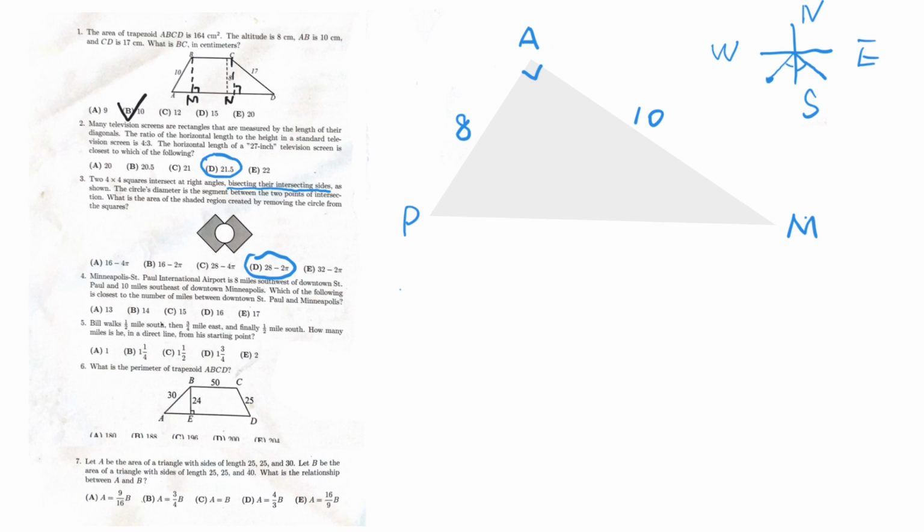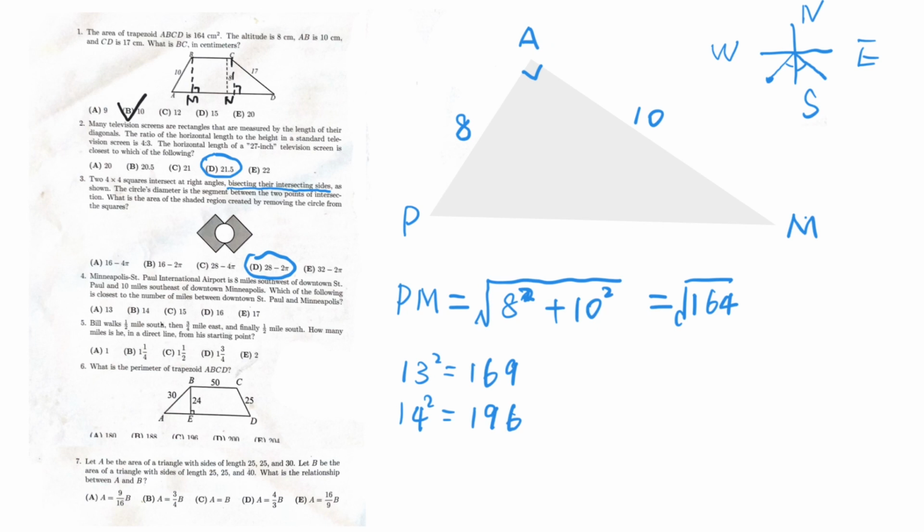We know AMC test, calculator not allowed. So if we are familiar with this square, 13 square is 169, and 14 square is 196. 15 square is 225. So the 13 square is closest to the 164. So the answer is A.